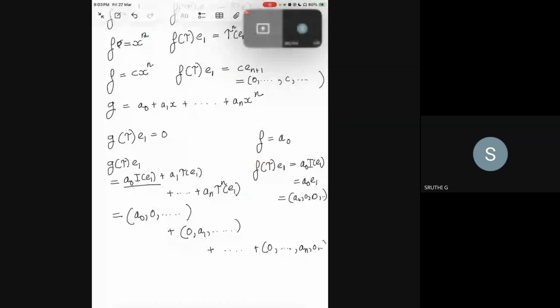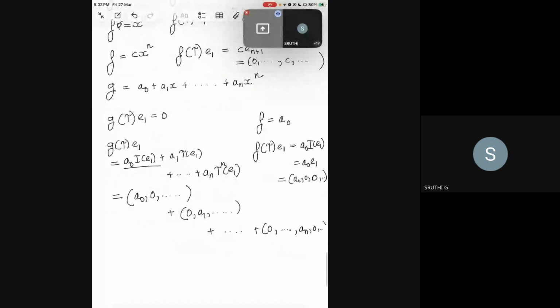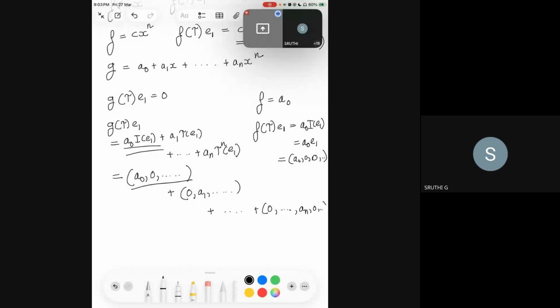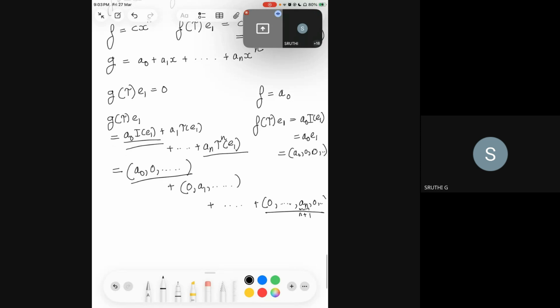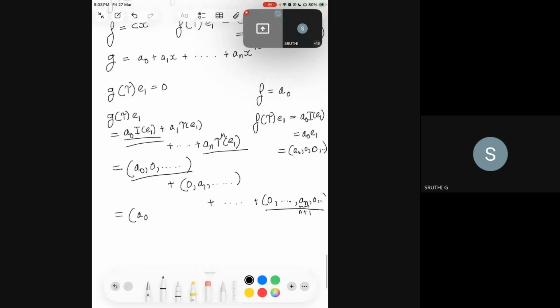Okay, so A0 I of E1 goes to this, and A_N T^n of E1 goes to this, where the n plus 1 position is this. So you get a sequence A0, A1, ..., AN, then everything else is 0, right? Yes, sir.